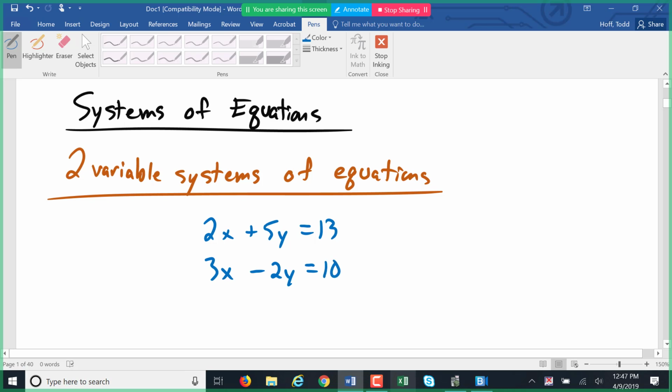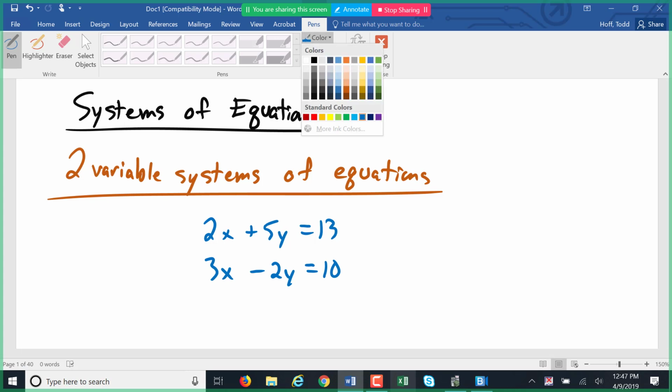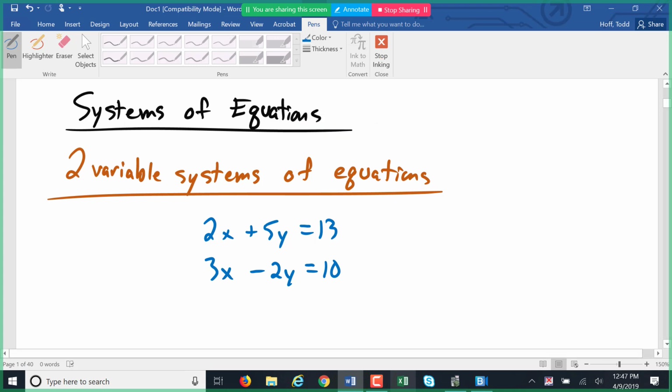And we're asked to find x and y. And we had 3 different methods that we used for that.